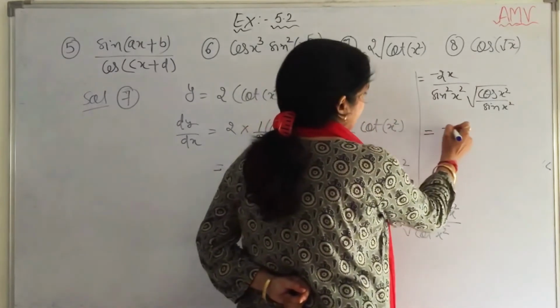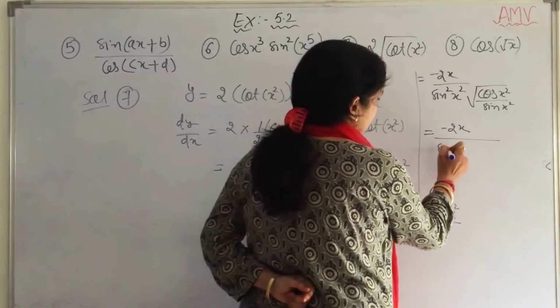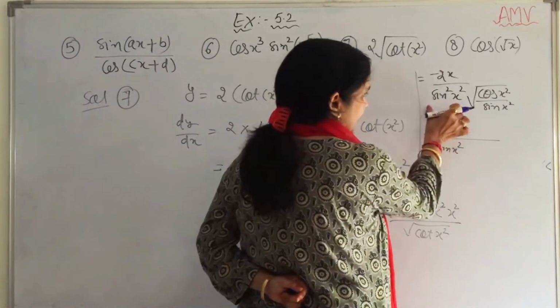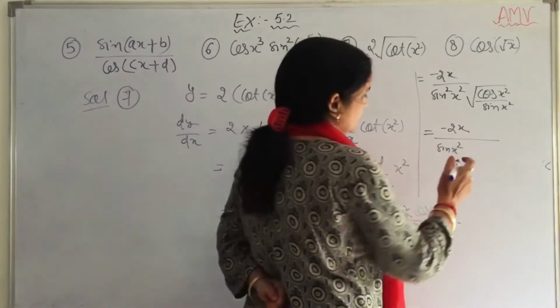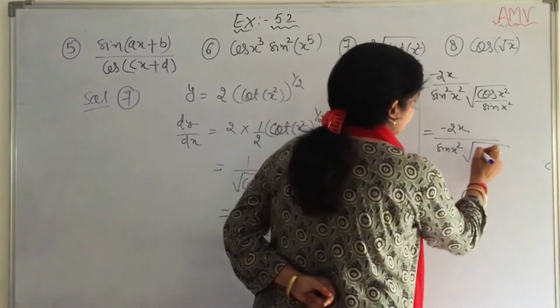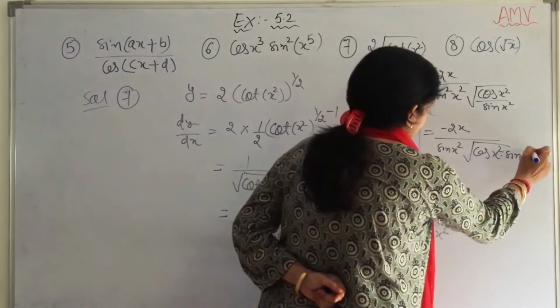Now minus 2x, and here 1 upon sine x square, write as it is, and 1 upon sine x square, write as cos x square, and here sine x square.